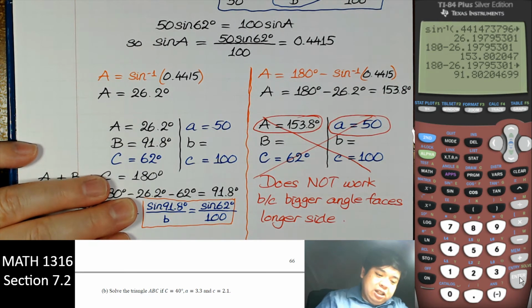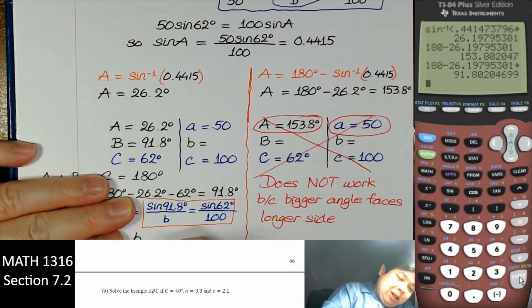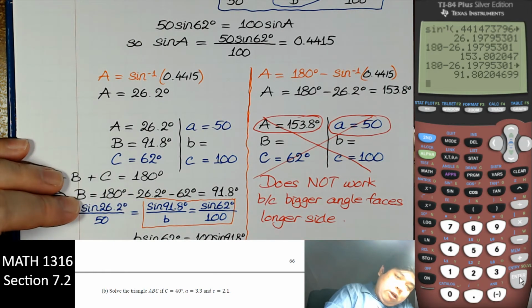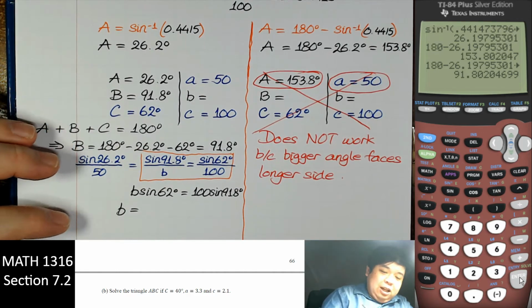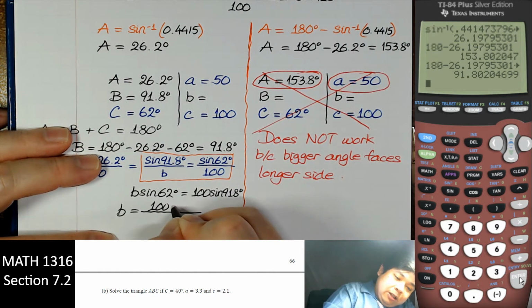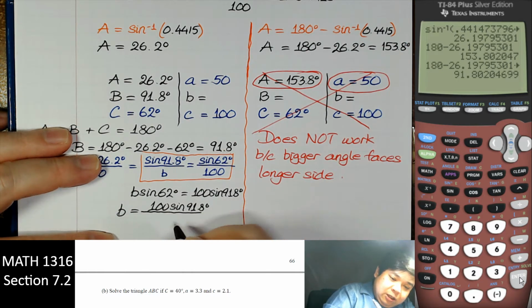And so for B, cross multiply, so B equal to 100 sine 91.8 over sine of 62 degrees.